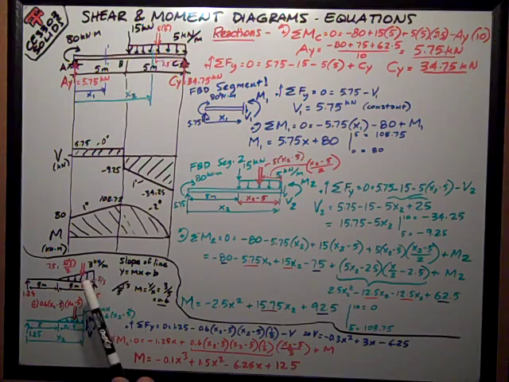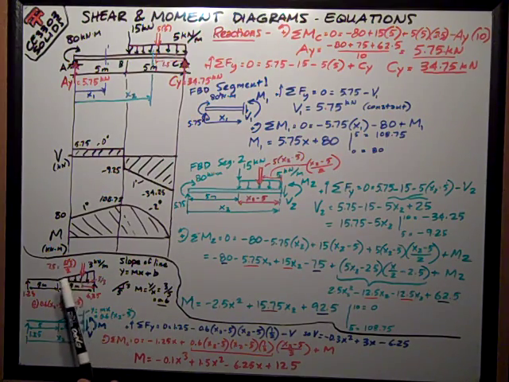Okay, now on these triangular shaped loads, I need to write an equation. I need to know what the slope of that line is. Remember that my slope line equation is y equals mx plus b, where b is the y-intercept. In this case, my y-intercept is 0. So this works out to be m equals y over x.